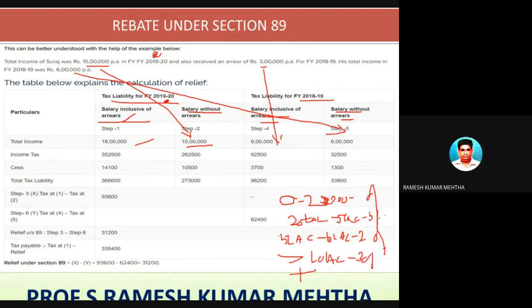Plus, please remember, surcharge and secondary and higher education cess is 4 percent on the total amount of tax.